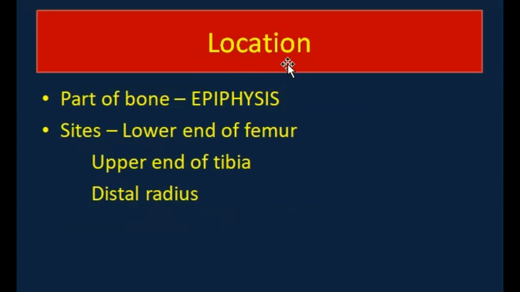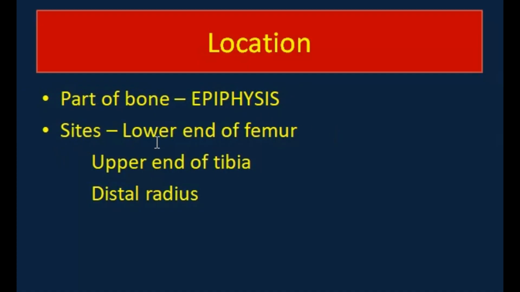Now, if we talk about the location, we know that for every bone tumor, this thing is really important, which part of the bone it's happening in. And for giant cell tumor, it's epiphysis. So giant cell tumor takes place in the epiphysis, and that too in the epiphysis where the epiphyseal plate has been closed, so in adults. Okay.